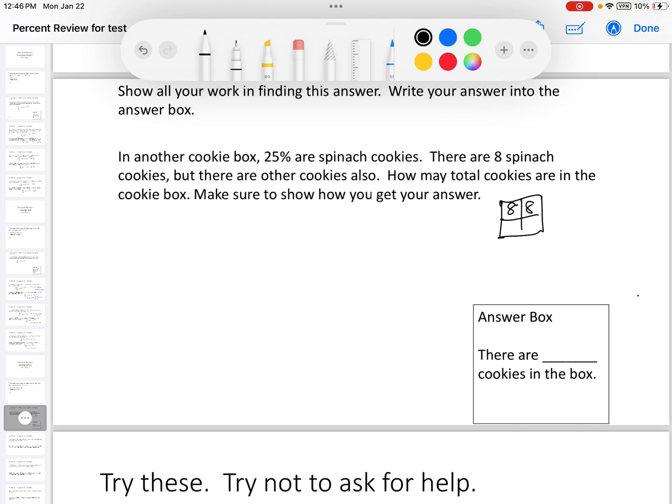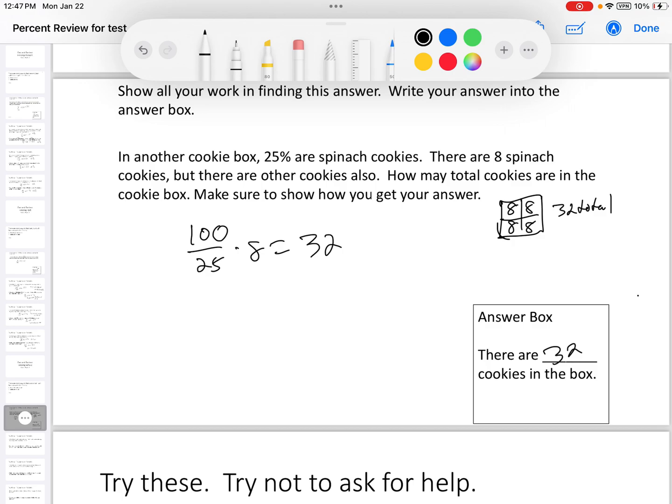There's 8 in here, 8 in here, 8 in here, 8 in here. So there's 32 total. But how do we get that it's 8 times 4? Well, we do 100 divided by 25. We know that's 4 times 8. 100 divided by 25 times 8 is 32. Therefore, there are 32 cookies in the whole box.